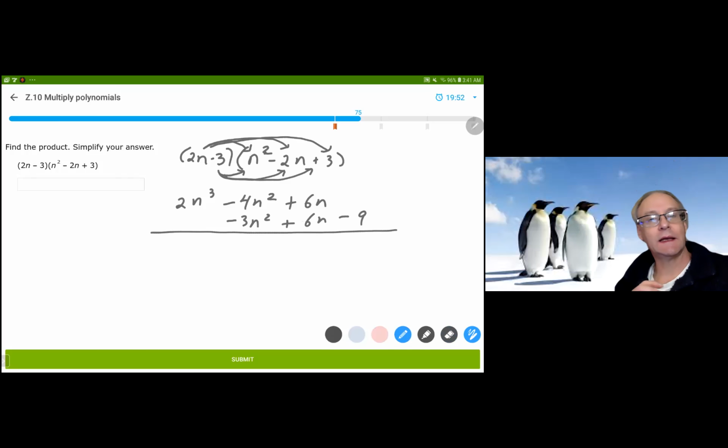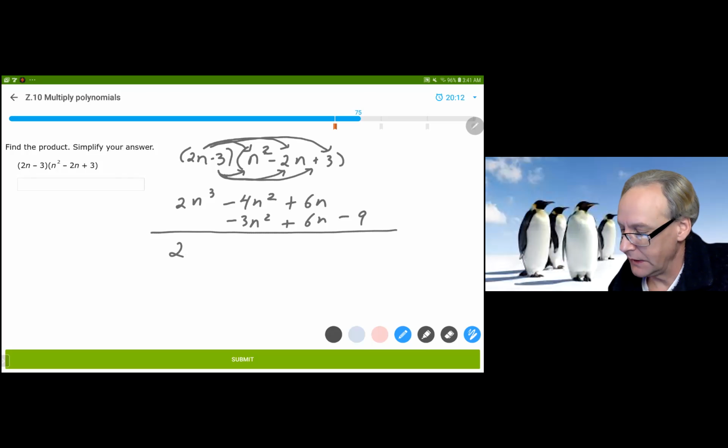And you'll notice that I like to structure it like this so that I'm adding like terms up. It just makes it so much nicer, especially when you get to the point where you're adding or multiplying a trinomial times a trinomial, or even bigger. They can get really, really ugly and complicated. And you want to line them up.